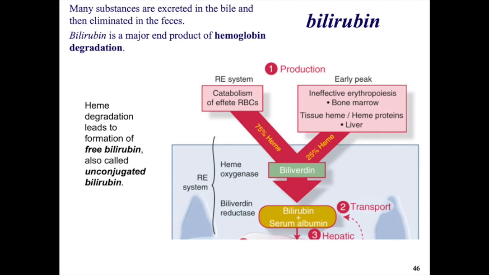This bilirubin is not soluble in water, and we call this bilirubin unconjugated. This bilirubin needs to travel in the blood bound, or most of it travels bound to proteins, the most important being albumin.